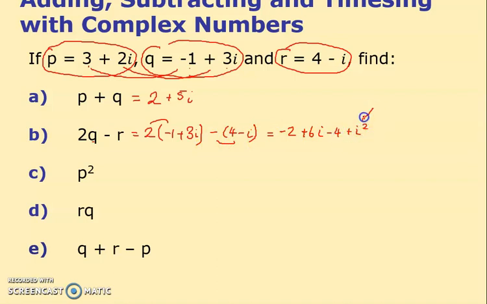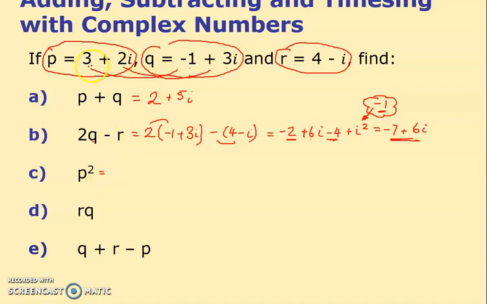Remember what i squared was? i squared was minus 1. So you've got to be careful of things like that. So this is going to give me minus 2, minus 4, that's minus 6, and another minus 1 because of this, that's minus 7 plus 6i. That's a bit of a surprise, I suppose. A lot of people wouldn't have spotted that. i squared is minus 1.